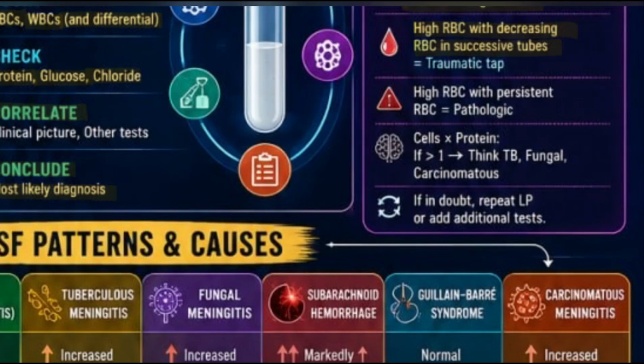High red blood cells that persist should make us think pathological. And for cells with protein, if the ratio is greater than 1, we have to think of tuberculosis, fungal or carcinomatous causes. If in doubt, we repeat the lumbar puncture or add additional tests.